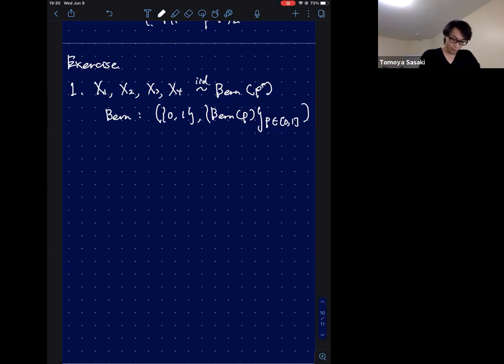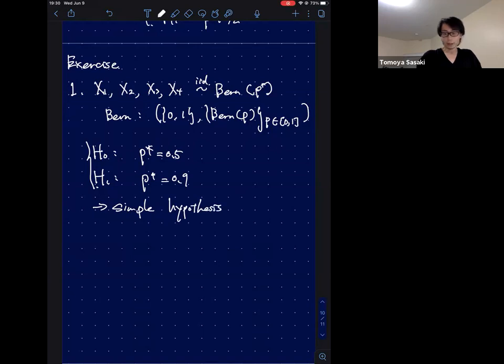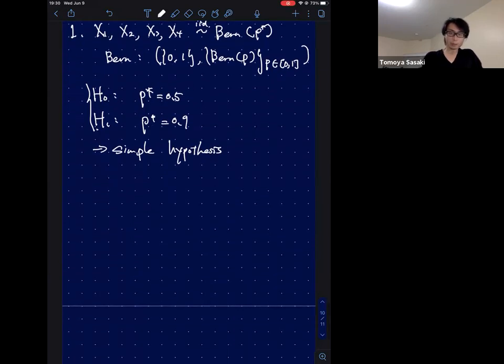So this is a simple setting, and we are given the hypotheses, P star. These are both simple hypotheses, and we would like to do some tests for these different hypotheses.